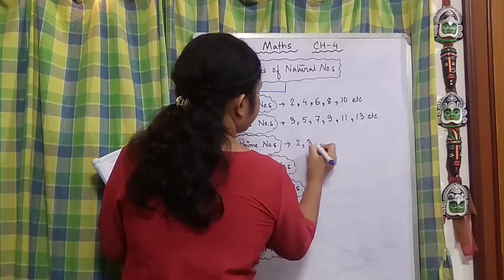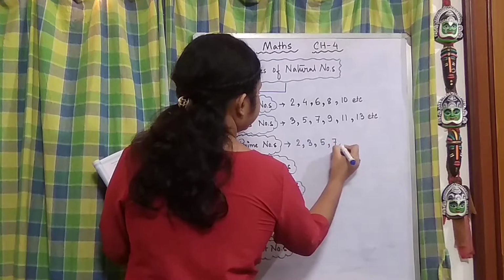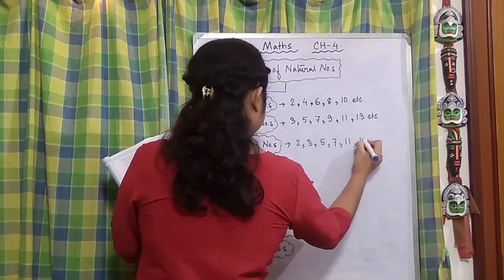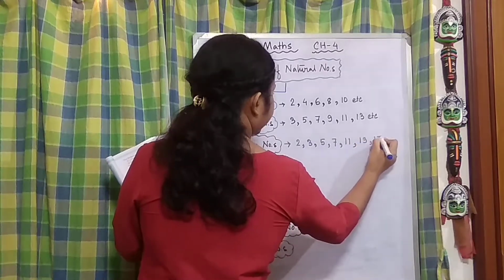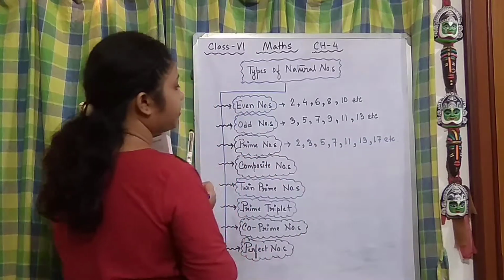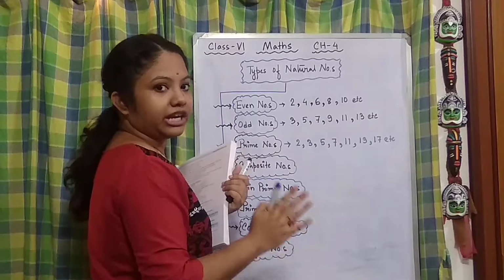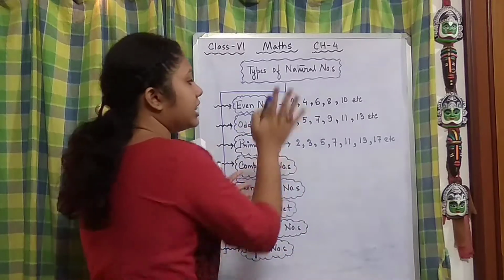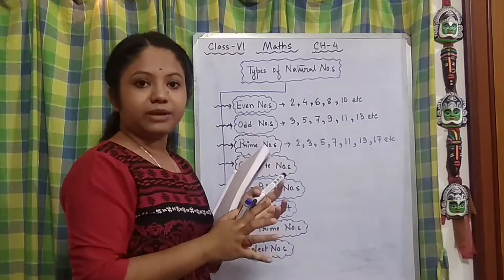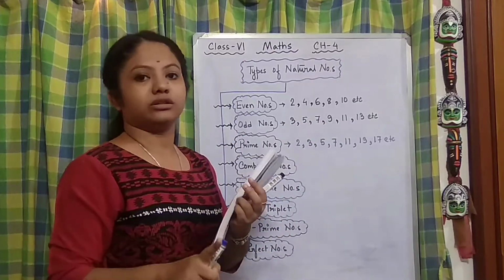So 2, 3, 5, 7, 11, 13, 17, etc. These numbers are not divided by 2 or anything else. They are divided by themselves and 1 only. That is the first criterion.